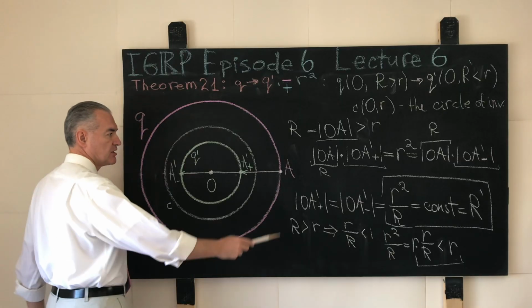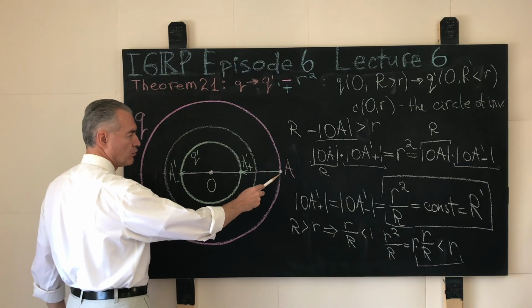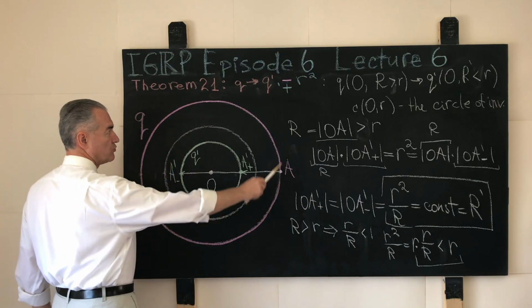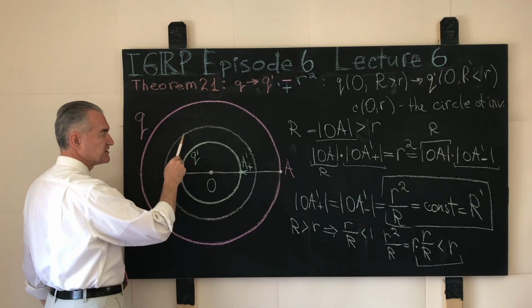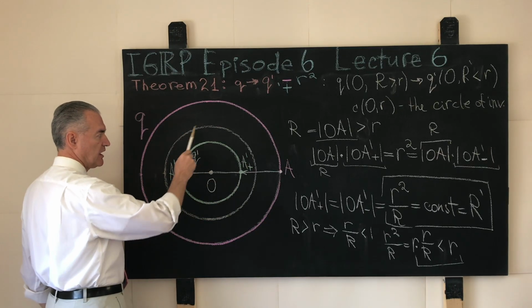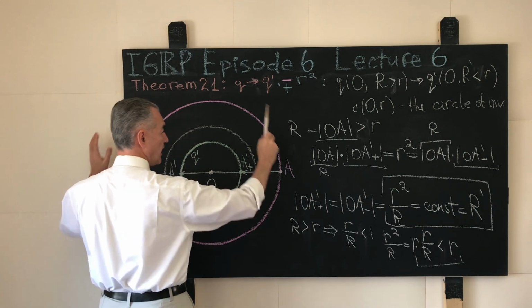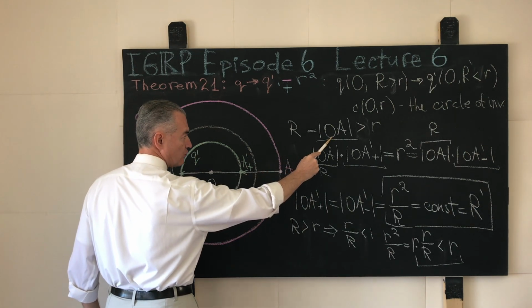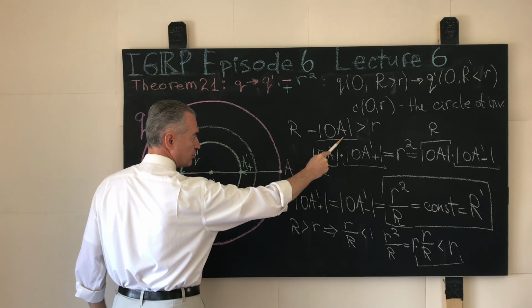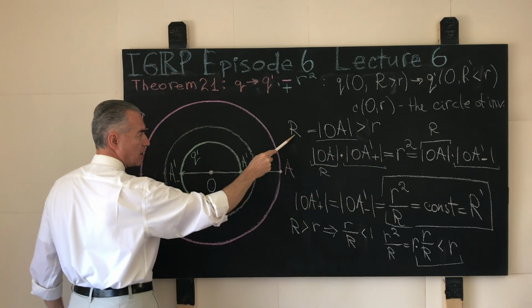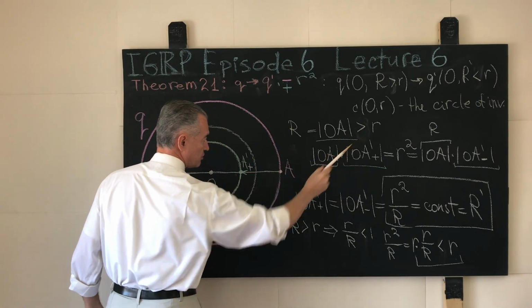If we pick an arbitrary point or a random point A on the given circle Q, shown in red over here, that is concentric with the circle of inversion C shown in white, and that is located strictly outside of that circle, meaning that the distance from the center of inversion to such a sample point is strictly larger than the radius of inversion, uppercase R is strictly larger than lowercase r.